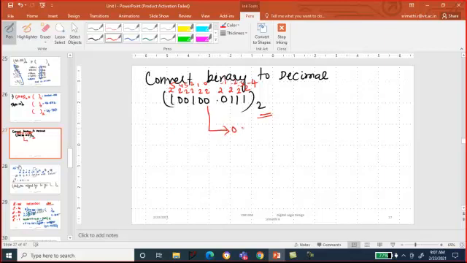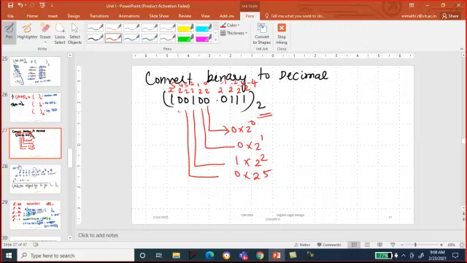So 0 into 2 power 0, 0 into 2 power 1, 1 into 2 power 2, 0 into 2 power 3, 0 into 2 power 4, and 1 into 2 power 5.